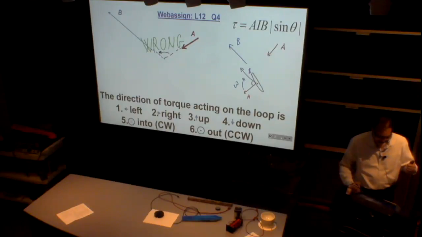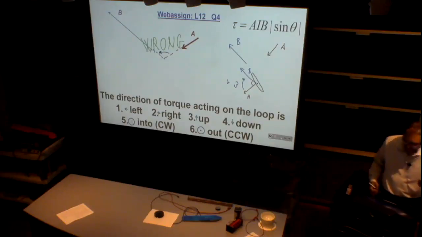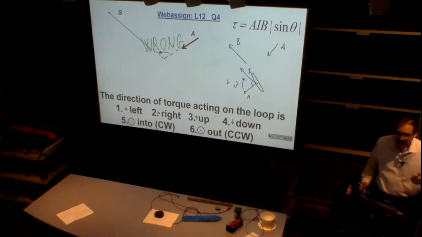Yes? What if it's 90 degrees? Then what is the shortest angle? There is no shortest angle then. It's not going to turn that way. It will. But that would require additional reasoning.